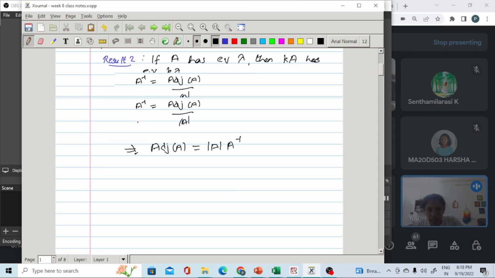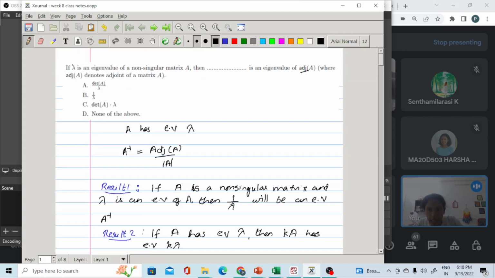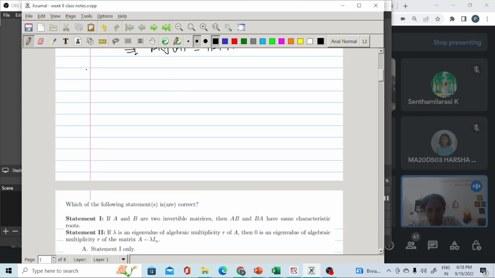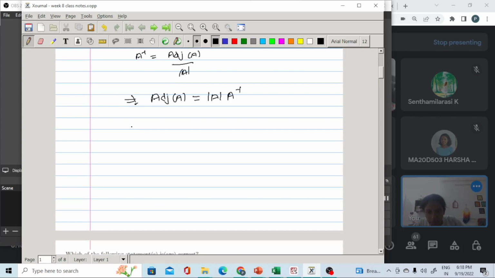In the question, we are given that A has eigenvalue lambda. So what is the eigenvalue of A inverse? Lambda inverse. Yes. The eigenvalue of A is lambda, so the eigenvalue of A inverse is lambda inverse, or 1 by lambda.